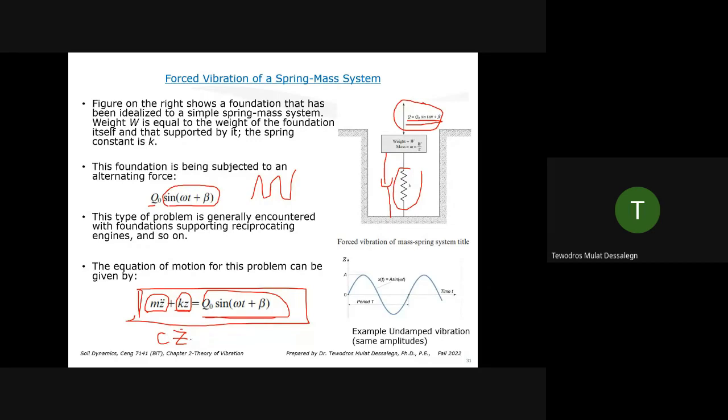In the general equation, you have the stiffness, and the inertial component, mass times acceleration, which is caused by the mass. This will be 0 only if you are assuming a massless system, or the vibration of the mass is nearly 0.